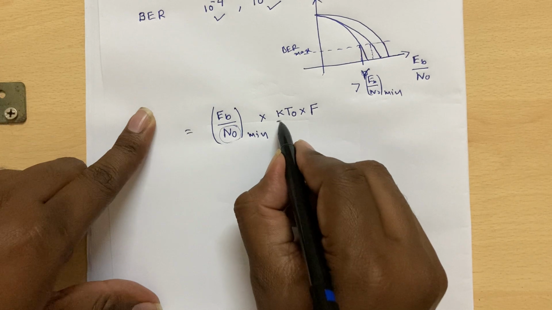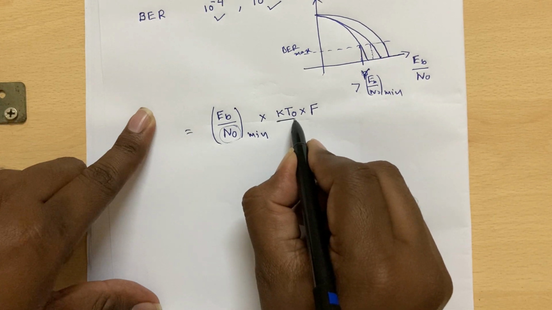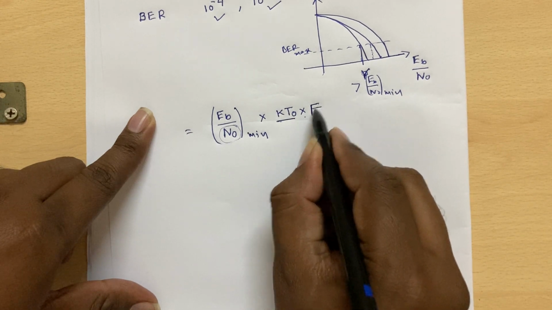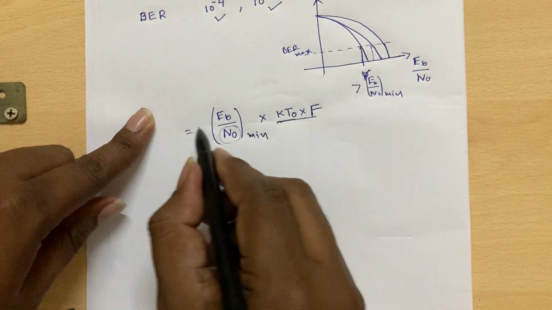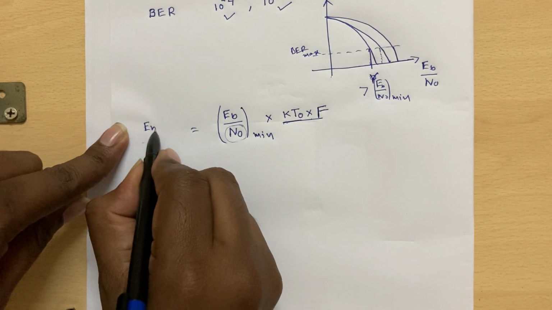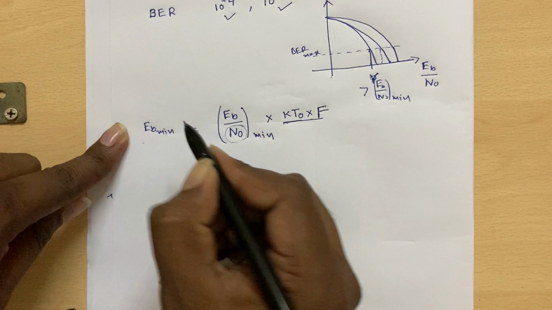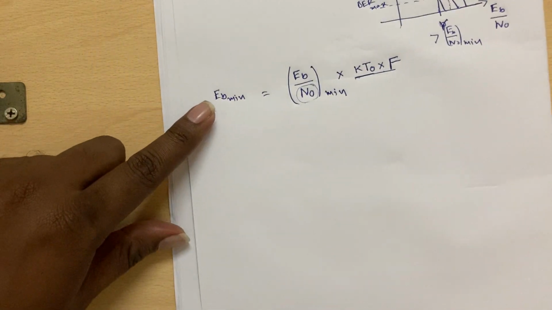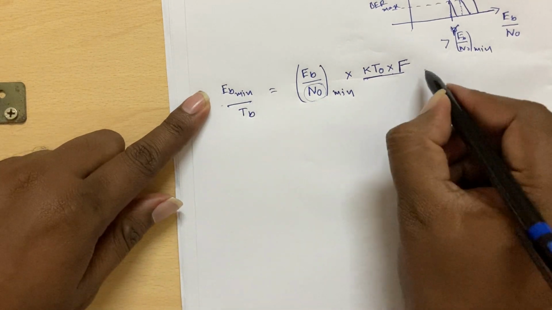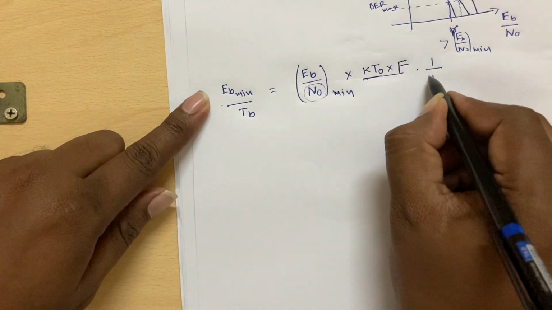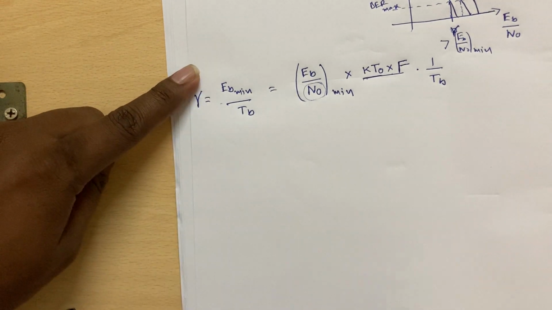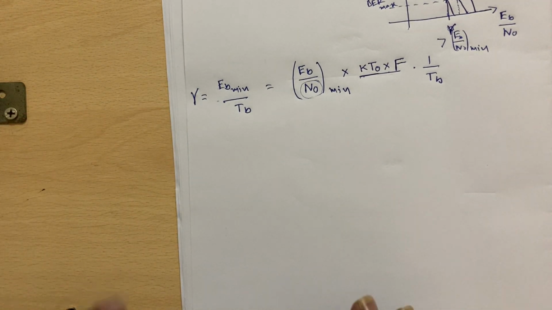The noise spectral density is actually K T naught, which is the input noise spectral density, into the noise factor F. So if you multiply this one, then this will be the received minimum bit energy, Eb minimum, the received bit energy, and say, it is not power yet. So if you divide by TB both the sides, then this will be nothing but actually the minimum required power level, which is the receiver sensitivity.